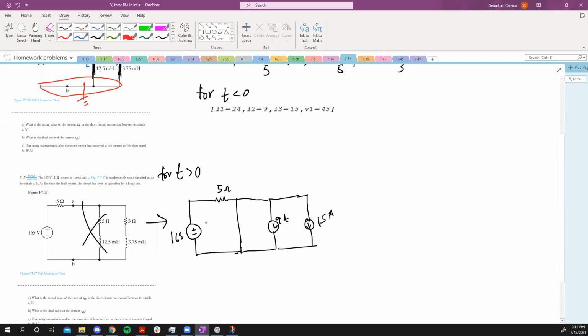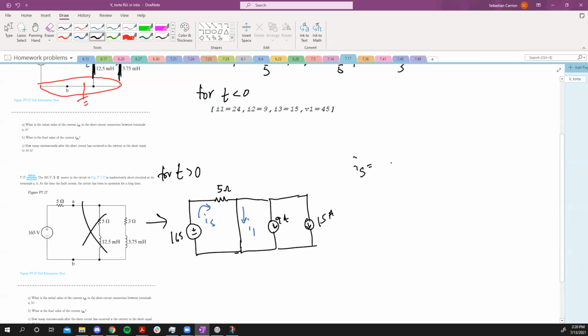I'm gonna call this IS, I1, I2, I3. I2 and I3 aren't really necessary. Let me make sure. Yeah, there's no real need for KCL here. You can just go ahead and find IS.